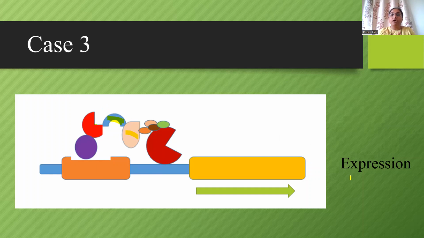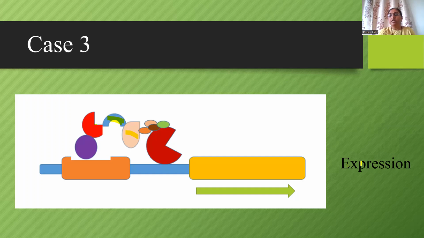If you are getting the expression of the reporter gene, then what can you say? That the bait and the prey are interacting with each other. That is, there is protein-protein interaction between protein 1 and protein 2.